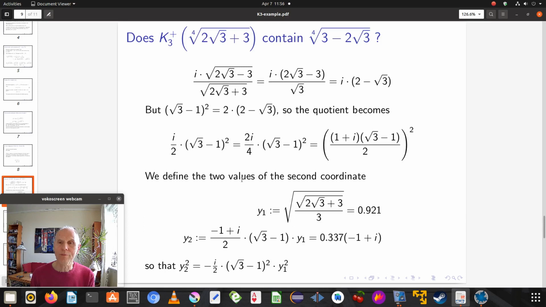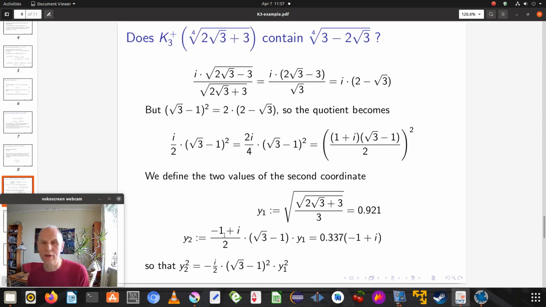So that means if we define y1 like being this guy divided by 3, under the square root, and then y2 by multiplying by the positive guy here.